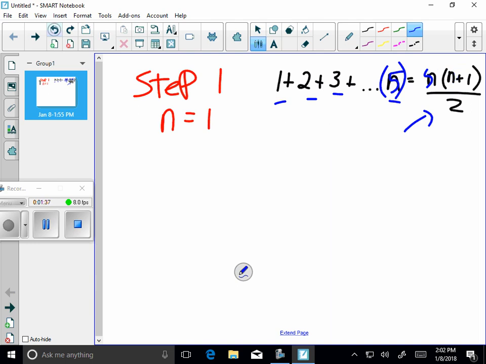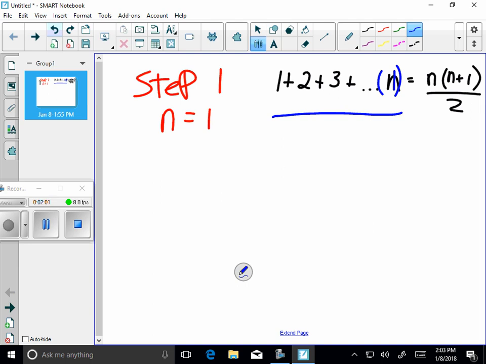Well, let's just keep the simplest case. If n is 1, let's try to understand what that means. If I put a 1 here, do you get it's not 1 plus 2 plus 3 plus 1? That whole left side is just 1, because there's only one term.